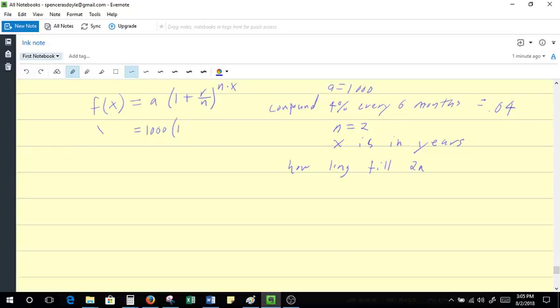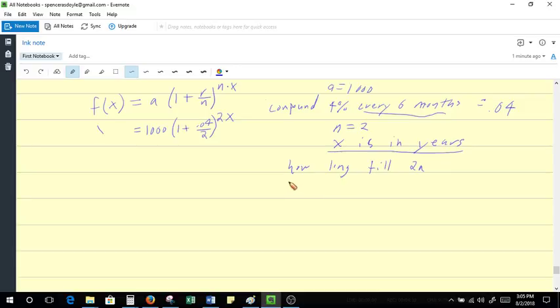So R is 0.04, and we determine our N via this right here, every 6 months. If they want to compound every 6 months and X is in years, then N equals 2, right? We compound twice in the year.